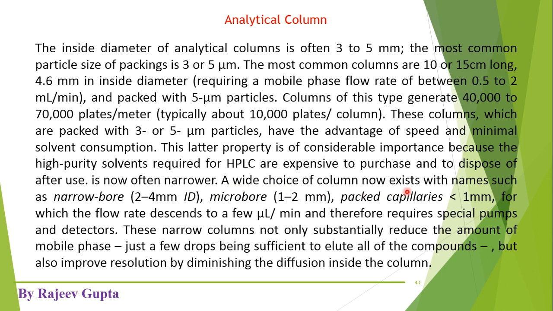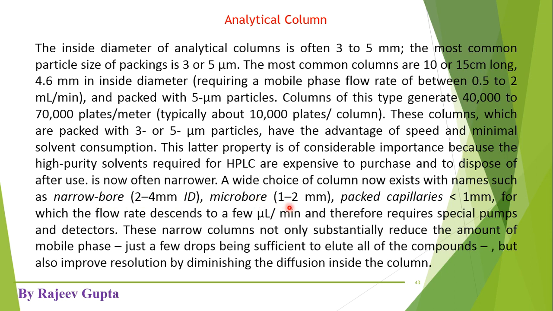A wide choice of columns now exists, with names such as narrow bore column. These are the various types of analytical columns depending on the bore size. Bore size means the inner diameter of the column. If the inner diameter (ID) is in the range of 2 to 4 mm, then we call it a narrow bore column.